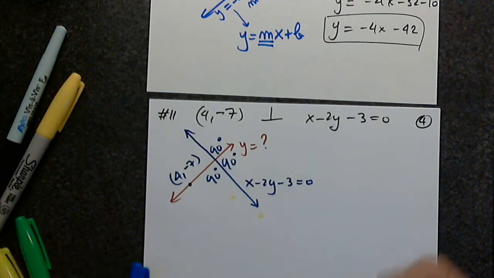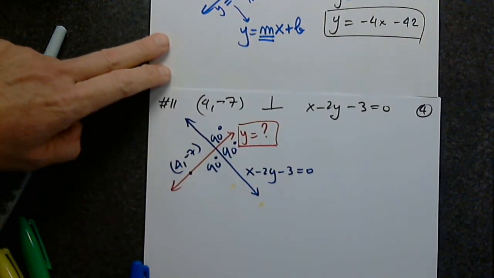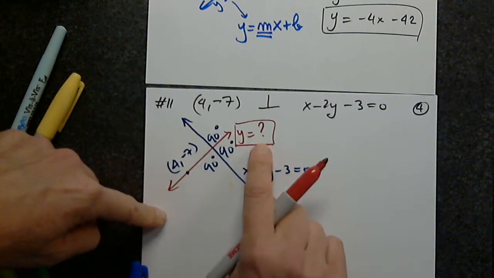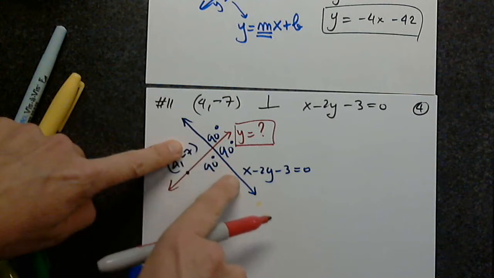Again, the same question. Find the equation of the red line. I had green and I wanted to use green, but I used blue. Okay, so this is our unknown. We know that it passes through 4, negative 7, and it's perpendicular to this line.